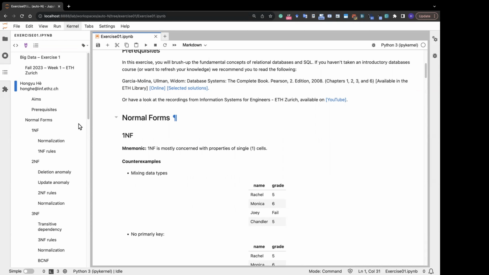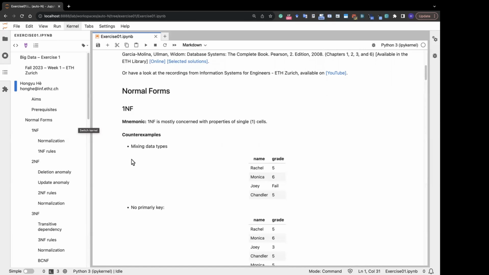In my year we also touched upon BCNF, Boyce-Codd normal form, but it's not a thing this year anymore. The most effective way is to create some mnemonics and counterexamples. They are very contrived examples, but they helped me a lot to understand these things.